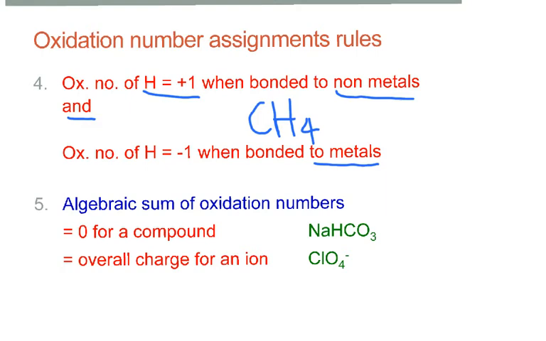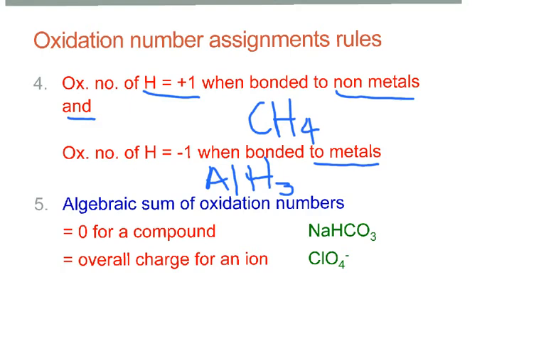On the other hand, if we had aluminum hydride, we have aluminum and hydrogen. Aluminum is a metal, and so the hydrogen in this compound would be -1.